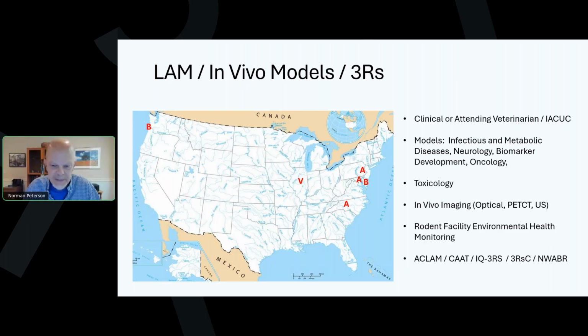Mainly, I've been in the departments of toxicology, so that's helped my understanding there as well. And as I started my biotech career, I've developed some in vivo imaging cores. I'm a big advocate of using environmental health monitoring. And as was mentioned previously, I've been involved with a variety of different 3Rs organizations, and 3Rs is at the core of my research. So that's my animal experience.